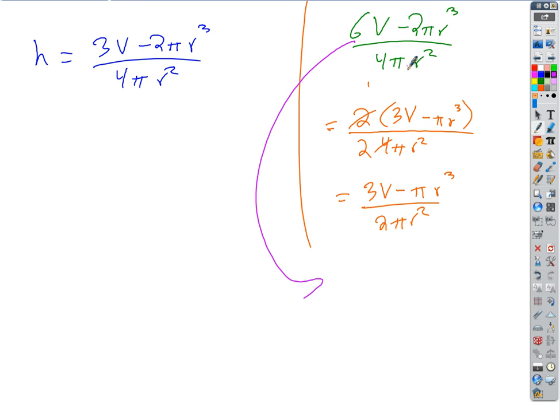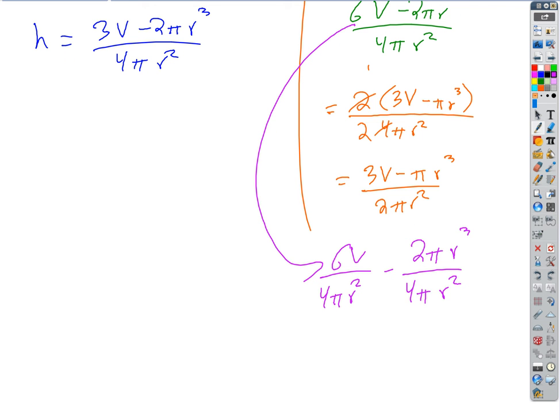So that would give us 6b over 4 pi r squared minus 2 pi r cubed over 4 pi r squared. What that allows me to do is simplify each one of those separately and get a simplified form also. So over here I could cancel, 6 over 4 reduces, correct? So that one becomes 3b over 2 pi r squared.